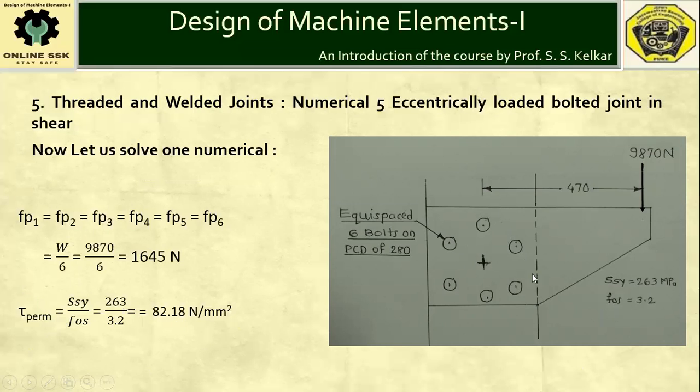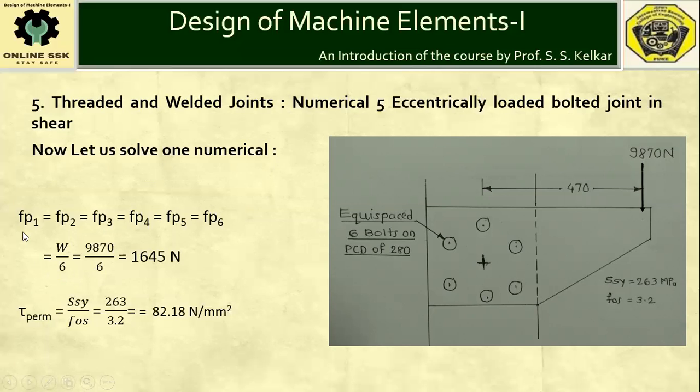Now, as we know, the bolts are subjected to primary and secondary shear forces, of which the primary shear force is given by Fp equal to W upon Z, where Z is the number of bolts. In this case, Z is equal to 6.